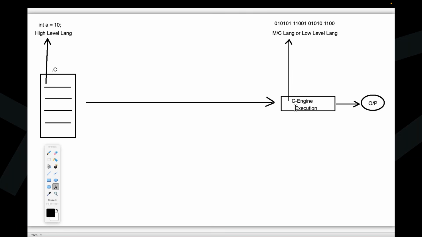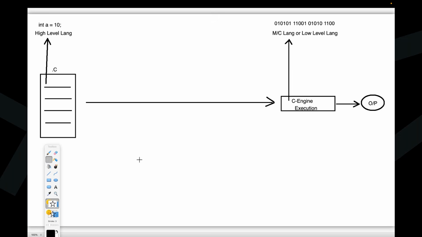Okay, so what do I have to do now? If you want to execute my program, what do I have to do? Can I write the program in low level language directly? No, not possible. I can write the program in high level language only. But the C engine requires low level language. So what should I do now? Exactly.